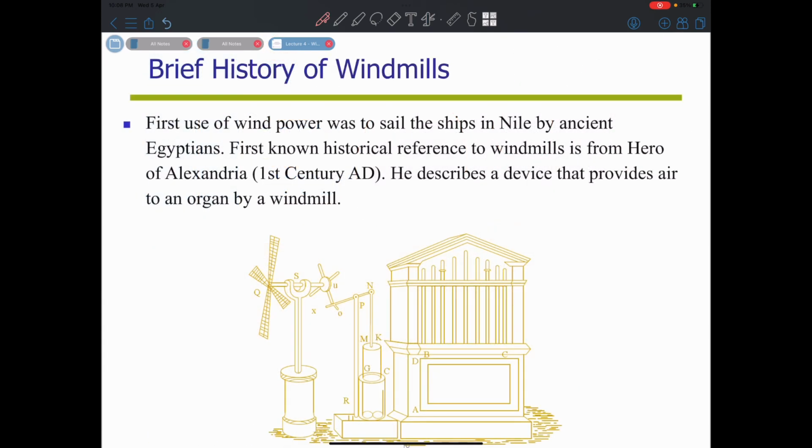Brief history of windmills. The first use of wind power was to sail ships on the Nile by the Egyptians. The first known historical reference to windmills is from Hero of Alexandria. He describes a device that provides air to an organ by a windmill.